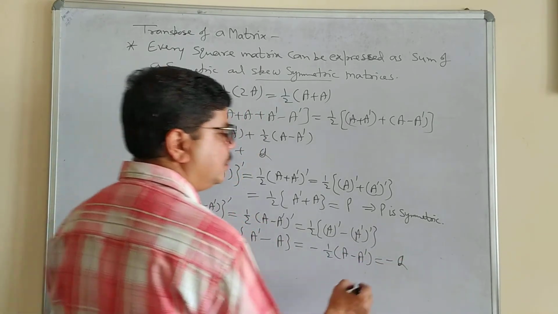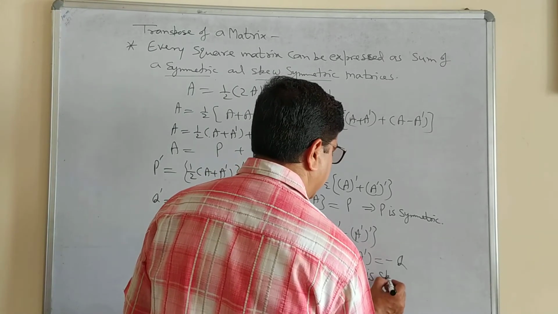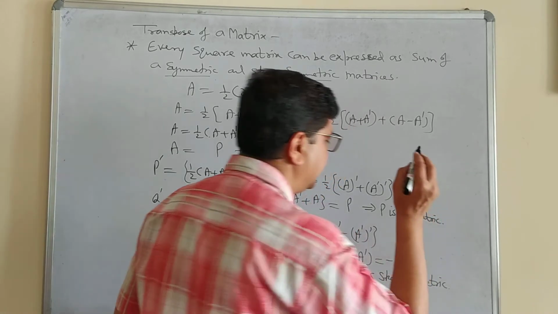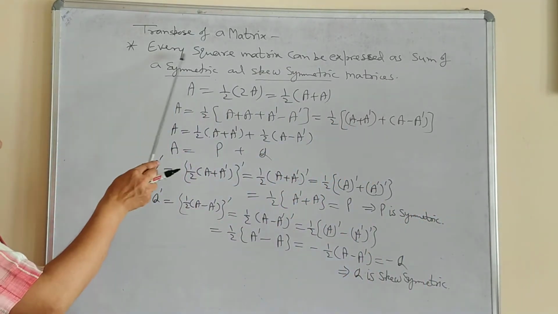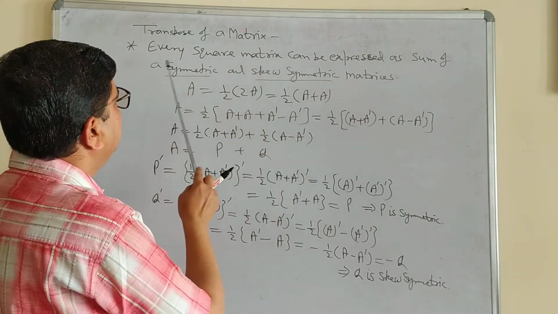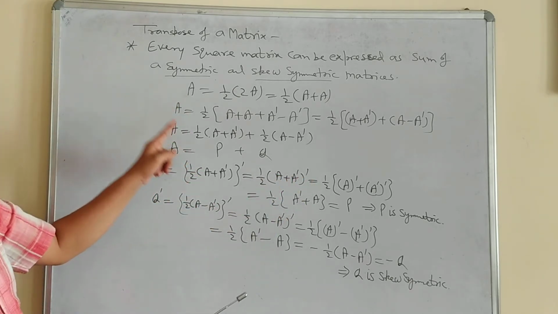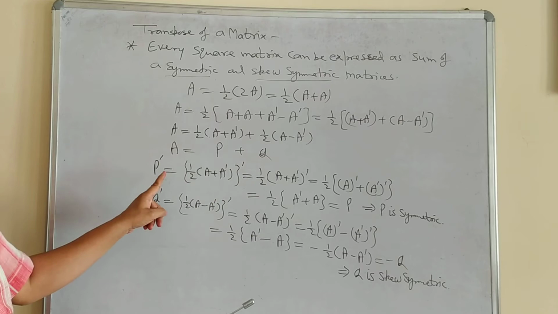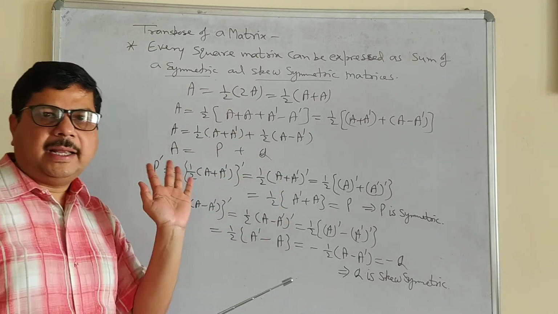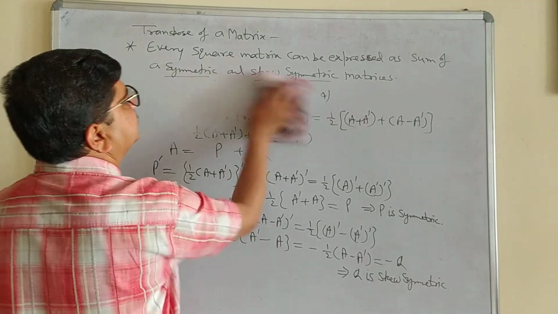That is minus Q, which implies that Q is skew-symmetric. So every square matrix can be expressed as a sum of symmetric and skew-symmetric matrices. Matrix A will be written as P plus Q, where P is half of A plus A dash, Q is half of A minus A dash, and this you verify after writing the matrices.